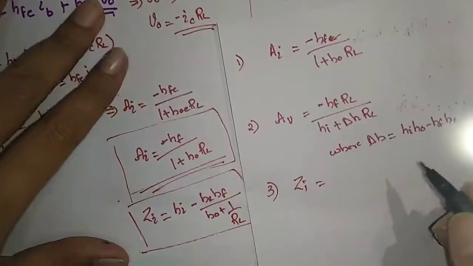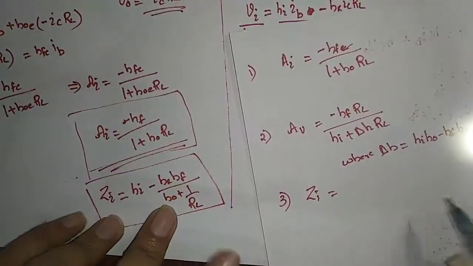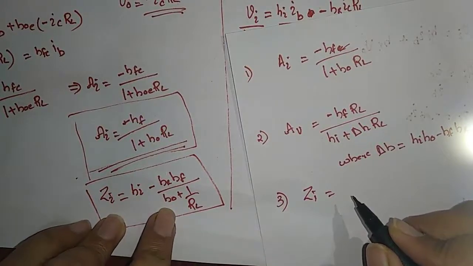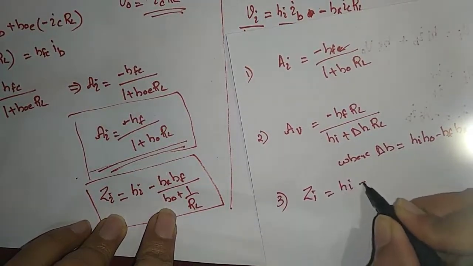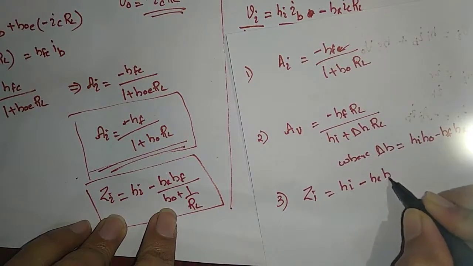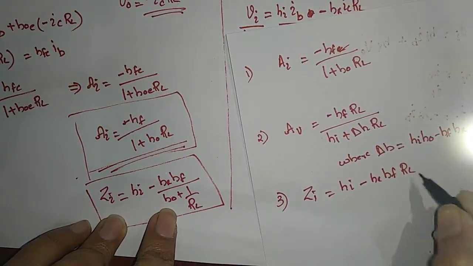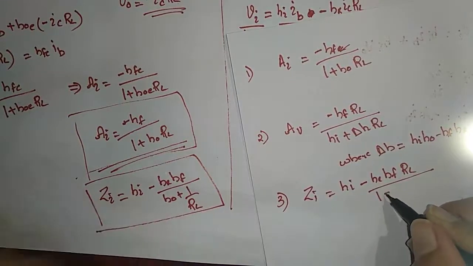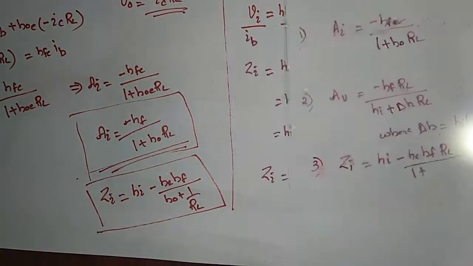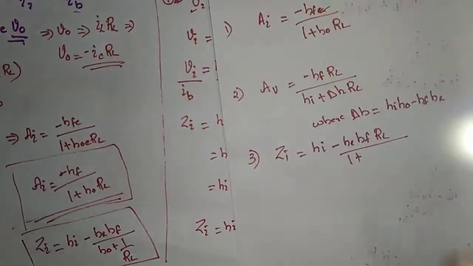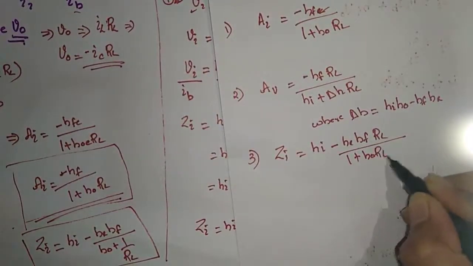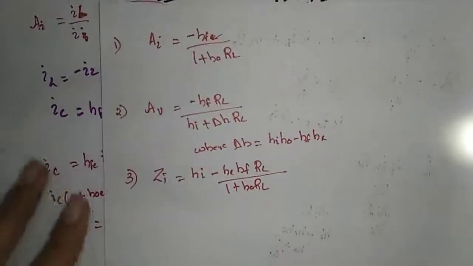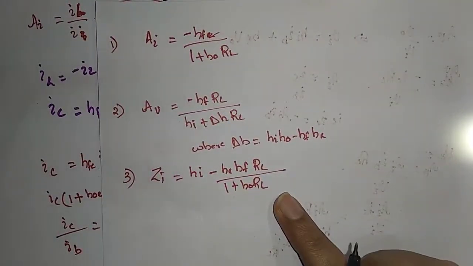Input impedance is equal to hi minus hr hf RL divided by 1 plus ho RL. This is the third equation. So you have to learn these equations by heart because they were given in the syllabus itself.